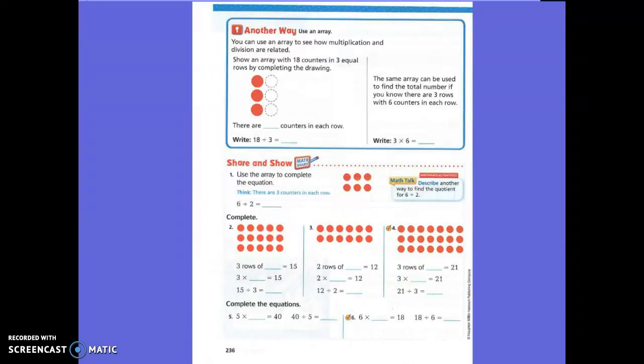Show an array with 18 counters and 3 equal rows by completing the drawing. So they have 3 red counters and they want us to trace the other 3 on there. So trace the other 3, please. And then continue making 1 in each row until you get to 18.